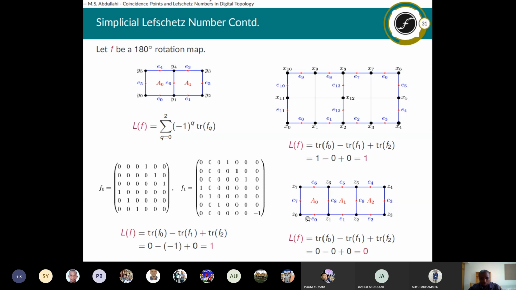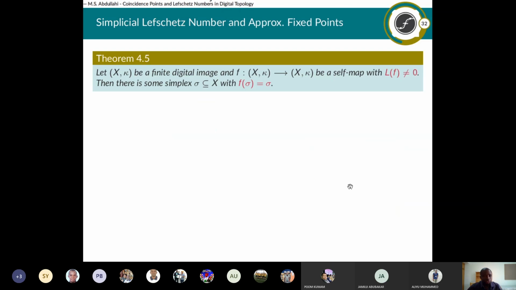And also, when we look at the one-dimensional simplices, this one will come here, this will come to this side, the two will interchange, which means that all of them have moved, and therefore the trace is going to be 0 in dimension 1. And for dimension 2, we don't have any two-dimensional simplex, and because of this we have a 0, and the Lefschetz number of this function is going to be 0.